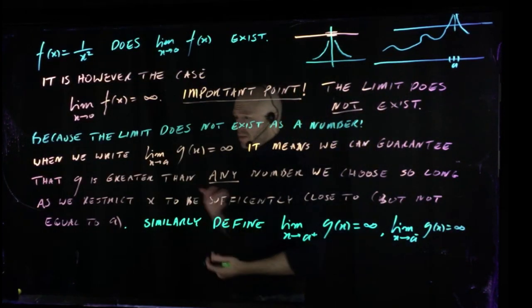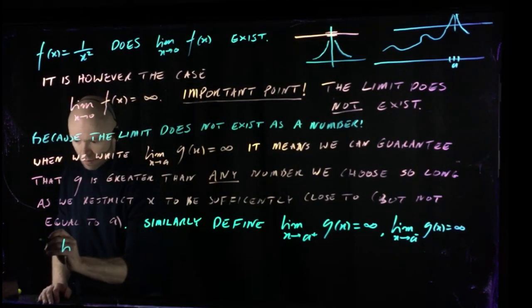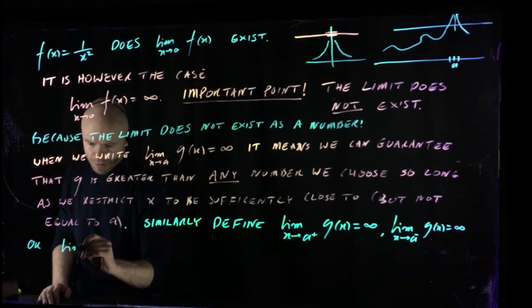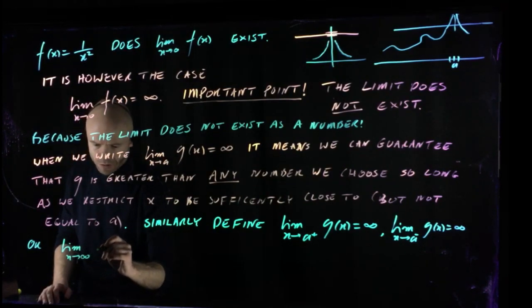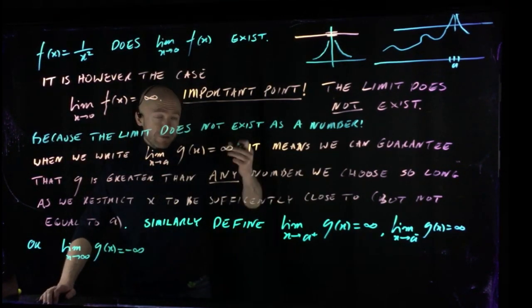Or we can have that the limits, either left or right-sided limits, are negative infinity. Or the limit as x goes to infinity, g of x equals negative infinity. And then the definition is analogous.